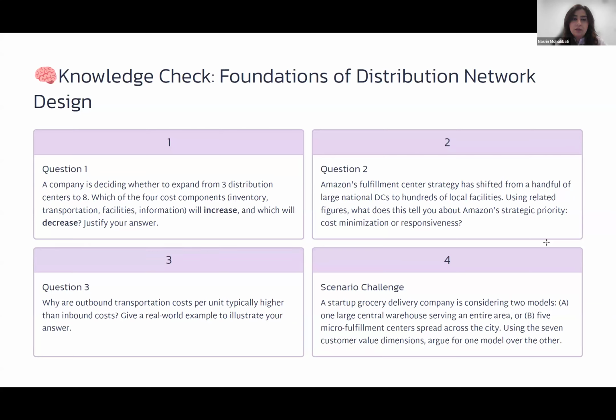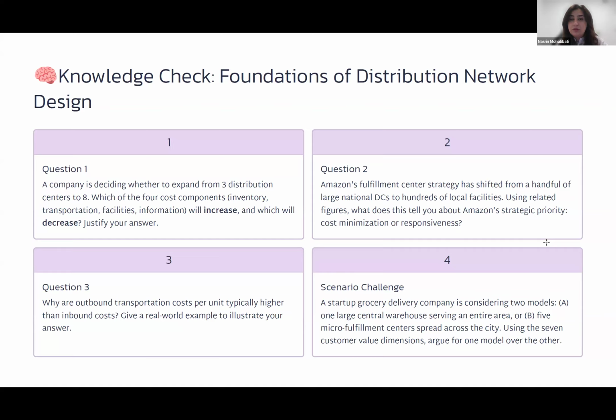Which of the 4 cost components, inventory, transportation, facility, and information, will increase and which will decrease? Explain your answers. You can take a look at those figures and graphs and explain your answer.